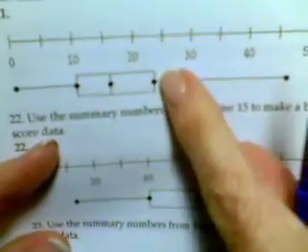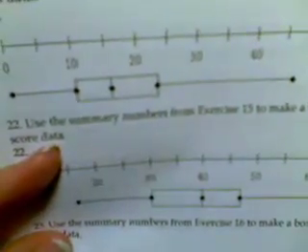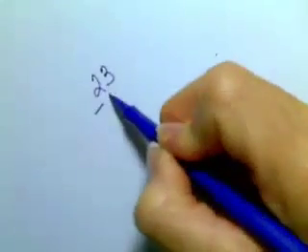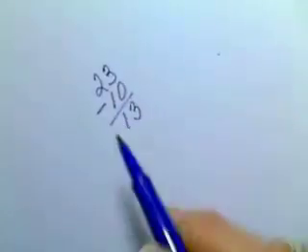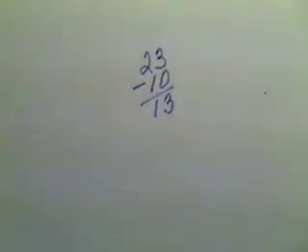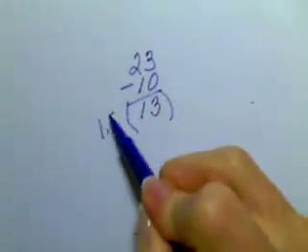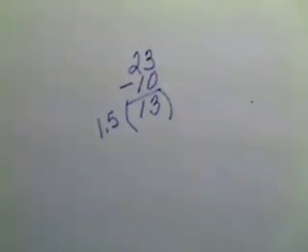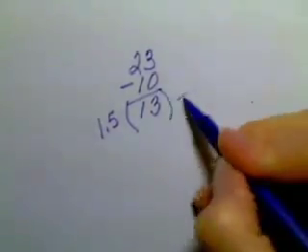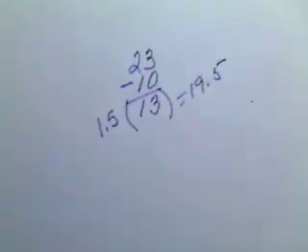Quartile 1 is 10. Quartile 3, I think, probably is about 23. So the interquartile range is 13. So I'll multiply that by 1 5/10, and I get 19 5/10.